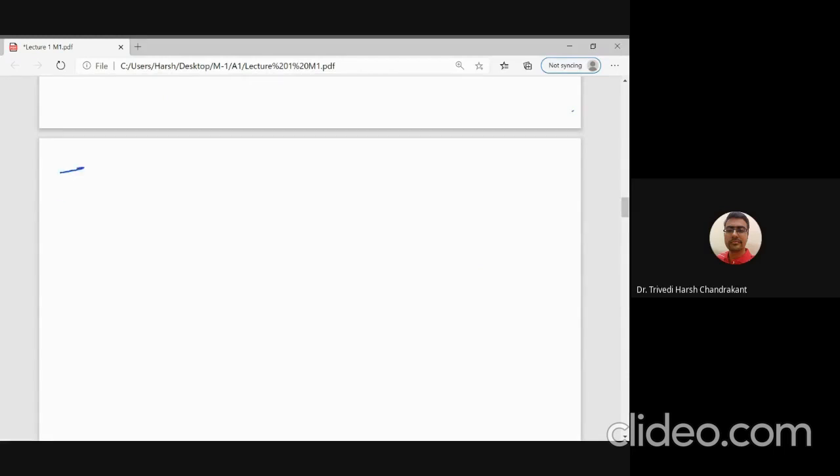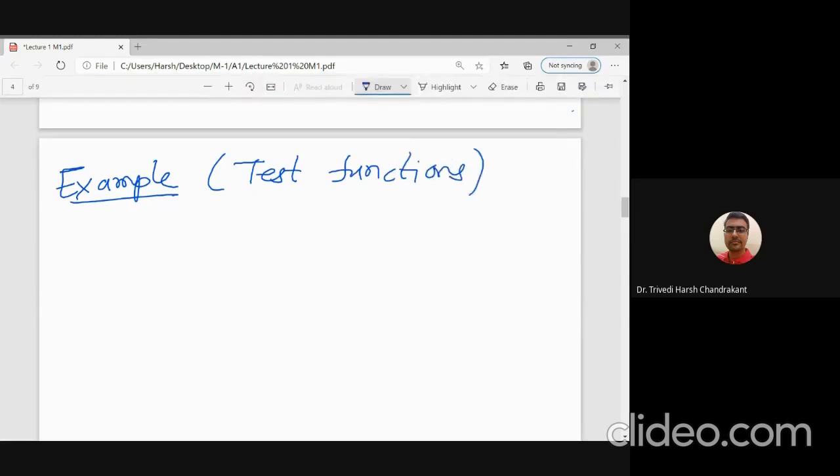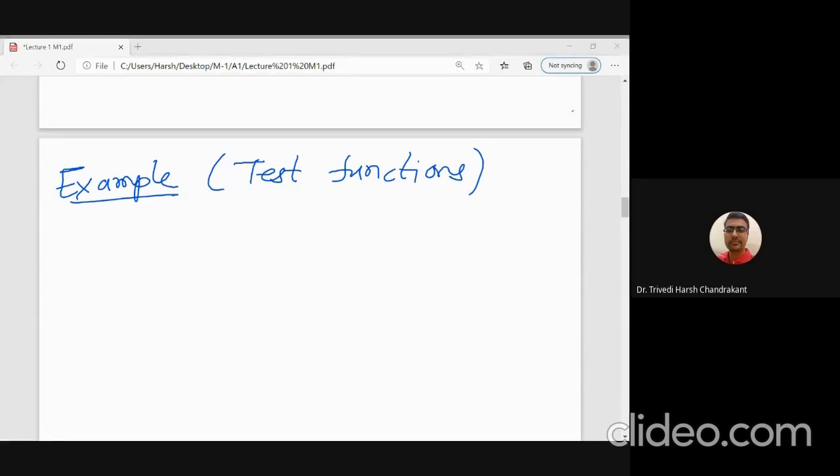The first example is known as test functions. This example is important because it will help us to use certain tests. In infinite series, we have seen that there are certain tests, such as the comparison test and the limit comparison test.